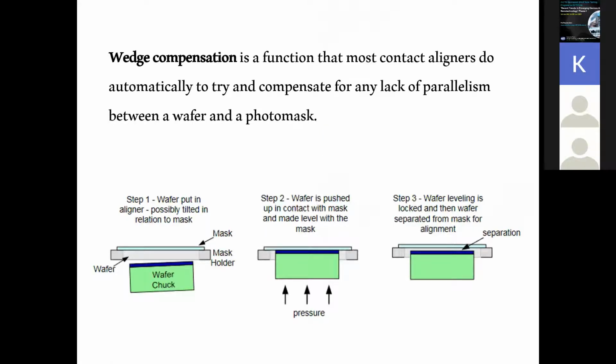So this mask alignment is obviously a very important part whenever you are making a device or any circuit over a wafer. This part is the most important. Initially you have to place your wafer on the wafer chuck, and there has to be a wedge compensation.